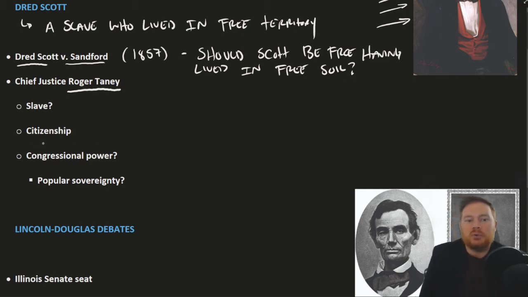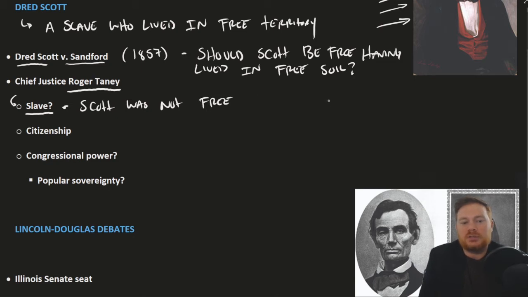What they ruled, number one, was Dred Scott would remain a slave. So the idea that Dred Scott should be free was rejected by the Supreme Court. So we'll say on the first count that Scott was not free. But the Supreme Court also took the opportunity to speak more broadly about these other issues.